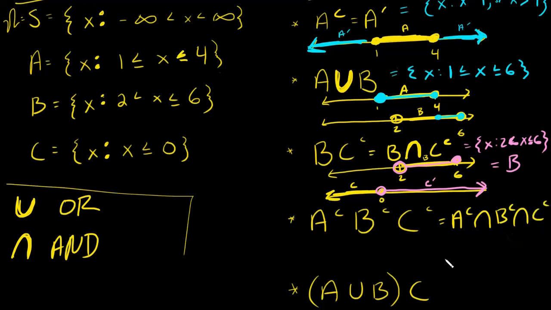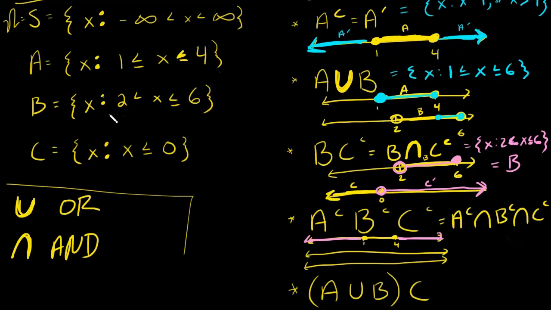So let's start by writing A, then B, and then C. Here's A, at 1 to 4. So the complement of A would be less than 1 and more than 4.